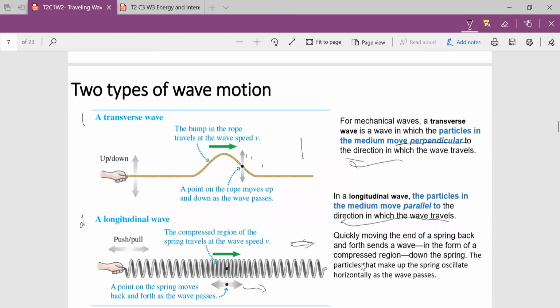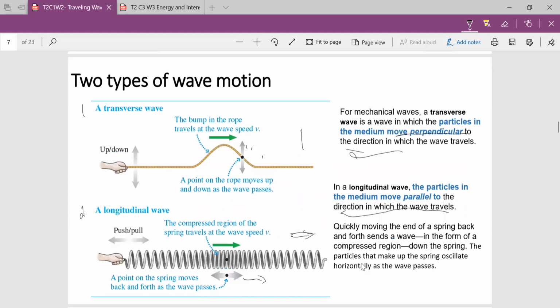All right, so we'll move on to the two types of wave motion that we have. The first is the transverse wave, and the second is the longitudinal wave. The transverse wave describes the motion in which the medium moves perpendicular to the direction of the wave.